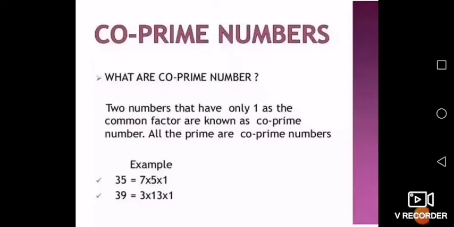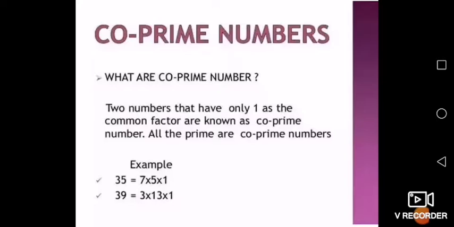Now here on the screen you can see one of those examples, that is 35 and 39. Now the prime factorization of 35 is 1 multiplied by 5 and multiplied by 7. Then the prime factorization of 39 is 3 multiplied by 13 multiplied by 1.